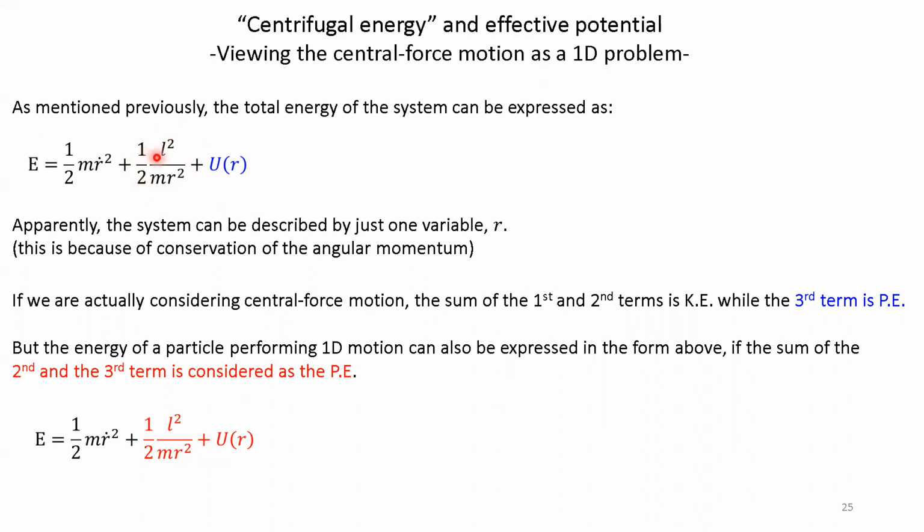Now if I just look at this energy term itself, and if I don't tell you that I'm actually working on the central force particle orbiting problem, you may tell me that this is describing a system that has just one coordinate variable, because all you see is r and r dot.